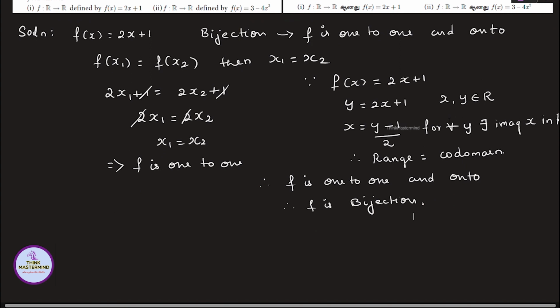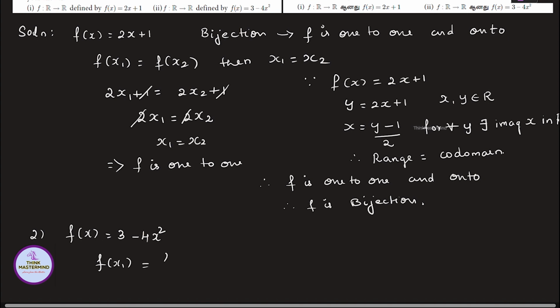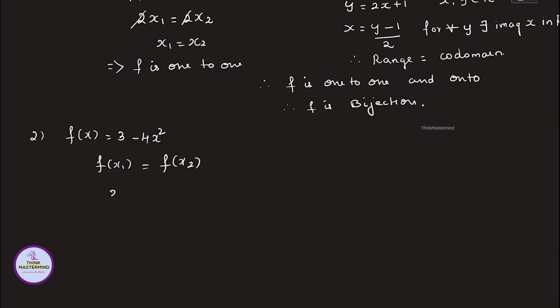Second question, f of x is equal to 3 minus 4 times x squared. That is, f of x1 is equal to f of x2. That implies 3 minus 4 times x1 squared is equal to 3 minus 4 times x2 squared. I will take 3 to the other side, it becomes minus 3.